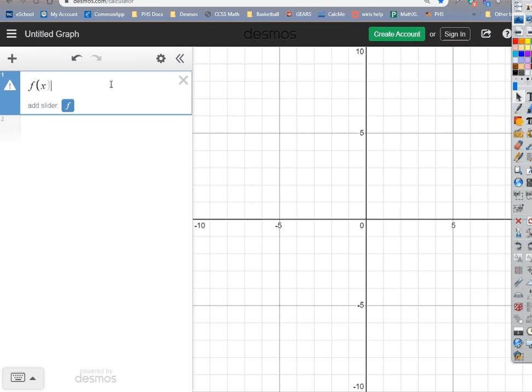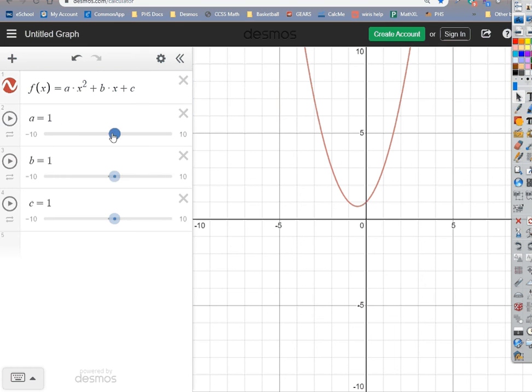So I'm going to define a function in Desmos, a times x squared plus b times x plus c. And it wants to know, do I want to add some sliders? Yeah, I'm going to do that. These are going to be sliders where I can pick random values for a, b, and c.